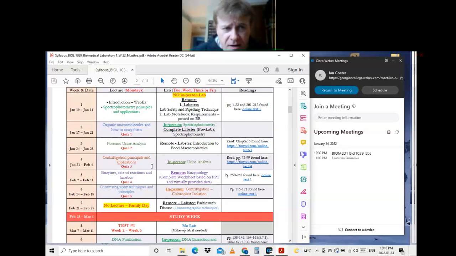Week 1, here we are. This is the lab stuff, and as you know, there's no lab today. But there is a lab safety and pipetting techniques Labster, and those are posted.